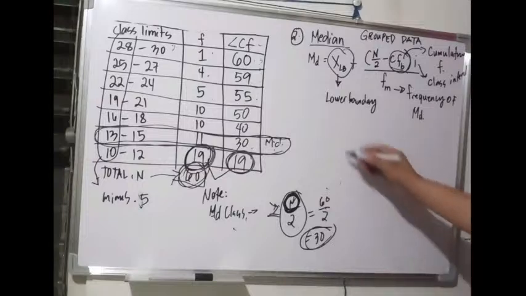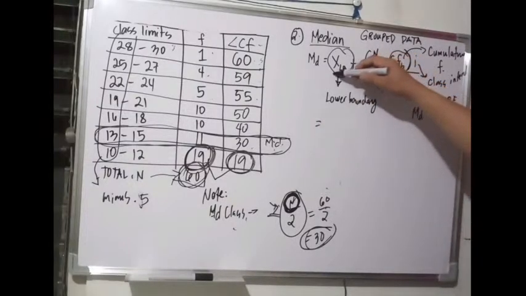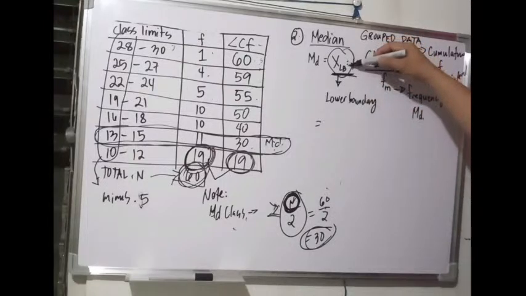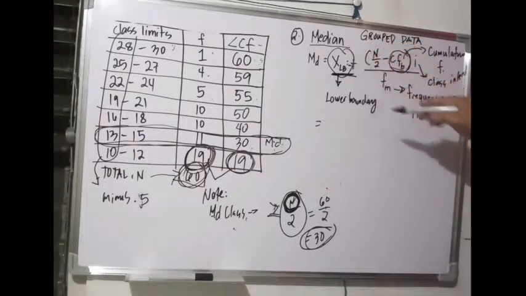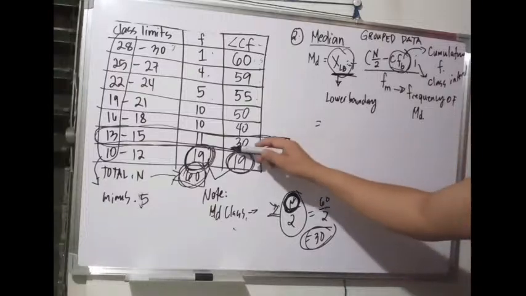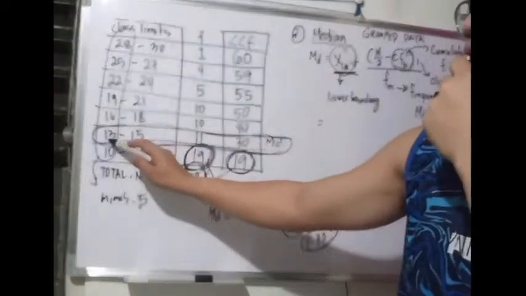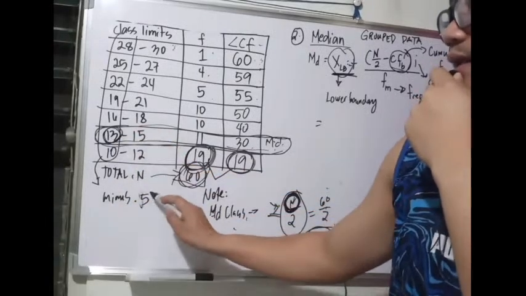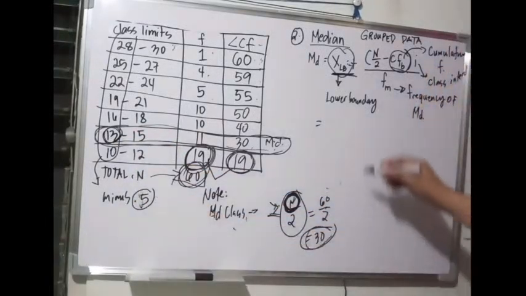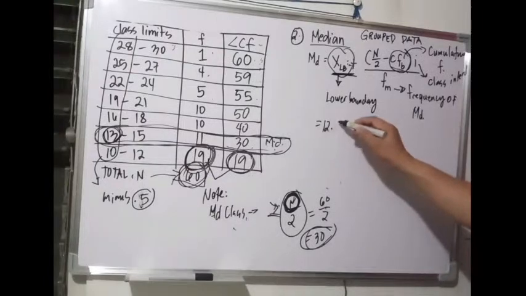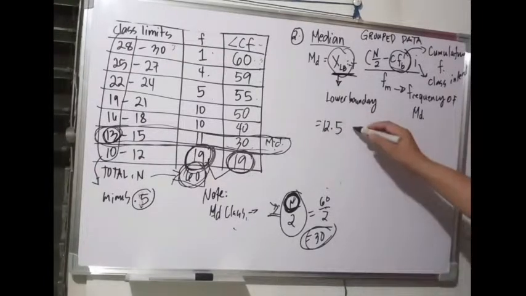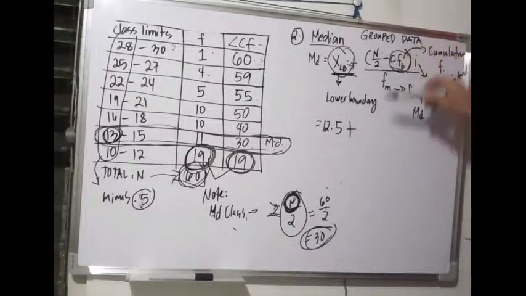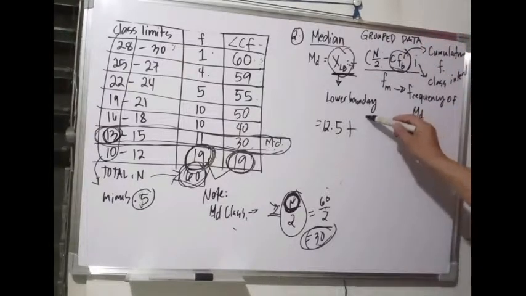Okay, let's identify what is the value of the lower boundary of the median class. Lower boundary, saan natin makita yan? Sa median class. Ito yung median class natin. So ang lower boundary, so ang 13, isubtract lang natin yan sa 0.5. So that is 12.5 plus, so this one n over 2, so that is 30.